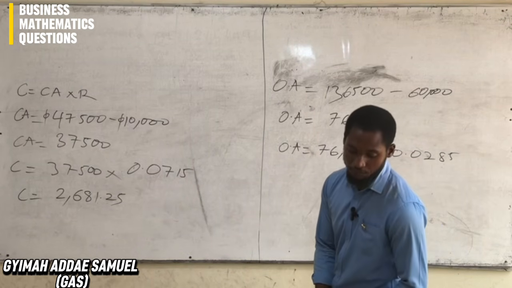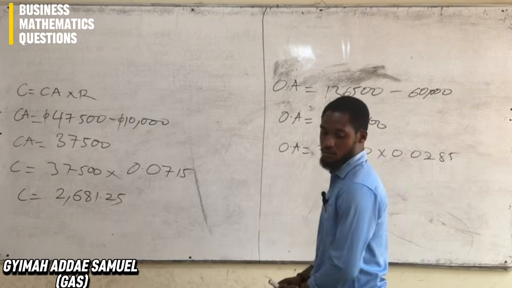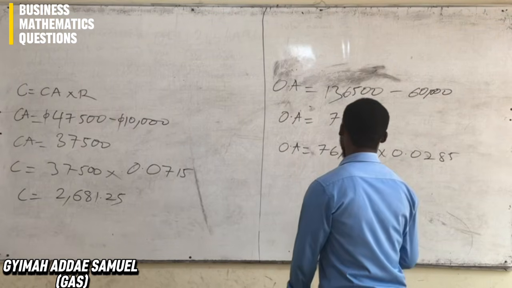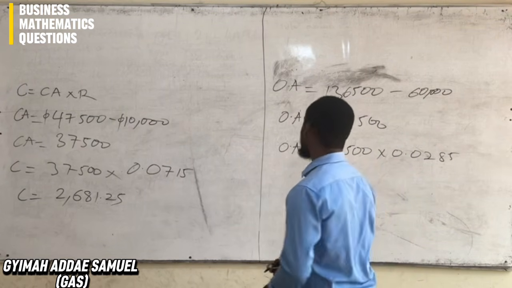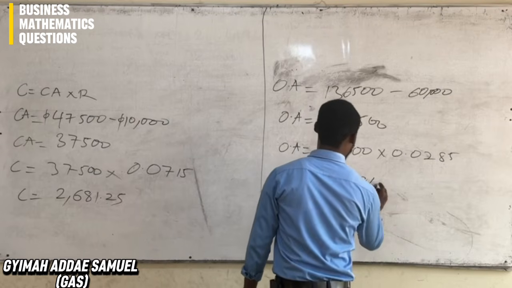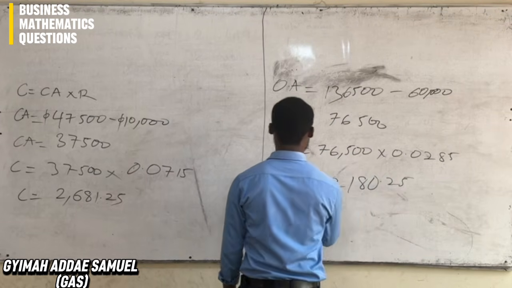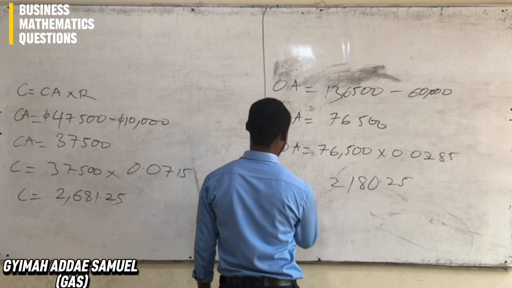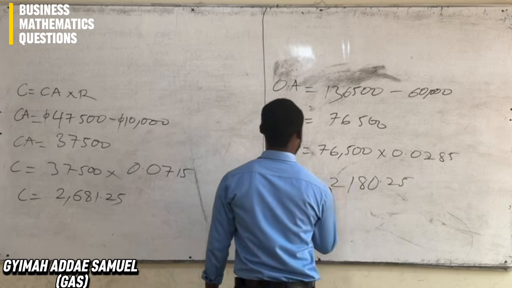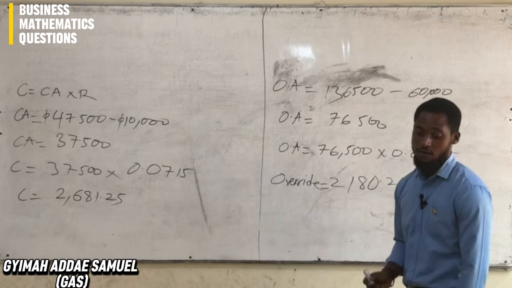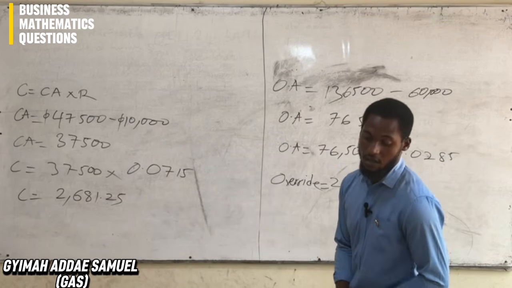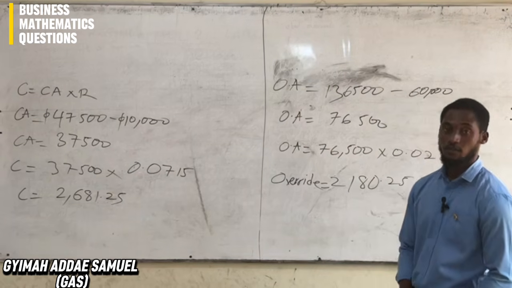And when we do so, we are getting 2,180.25 as our override. So now that we have our override, we proceed in finding our take home.